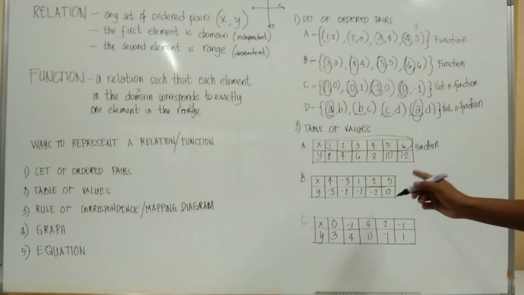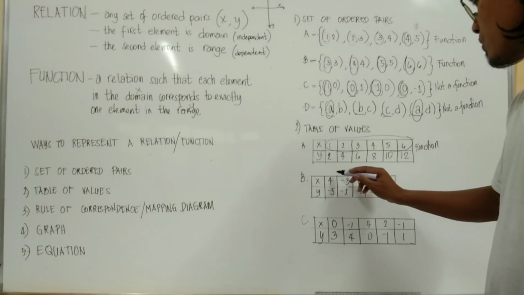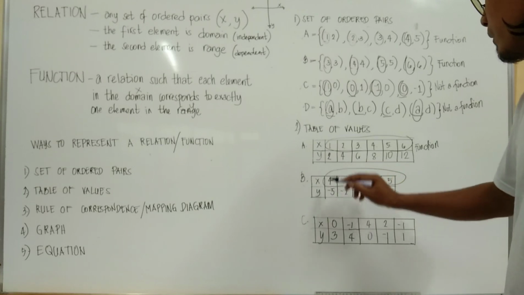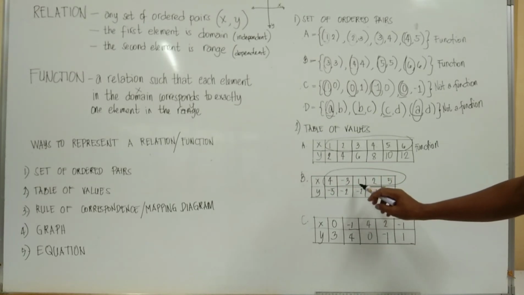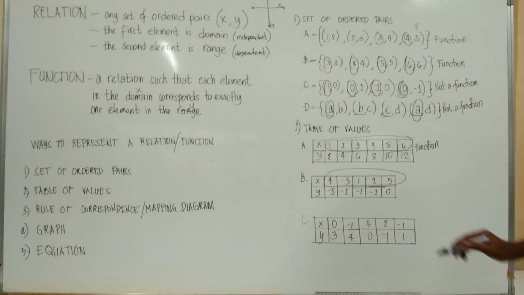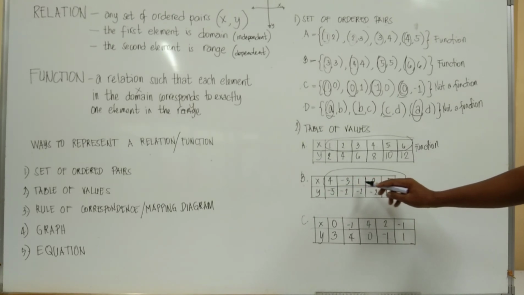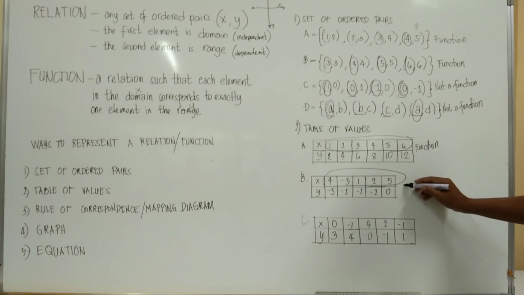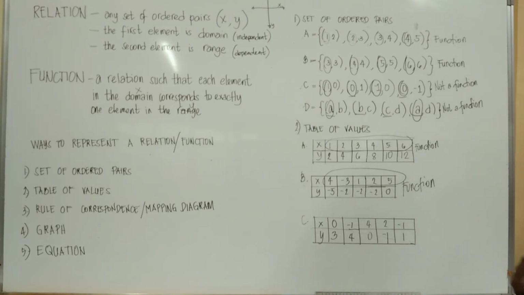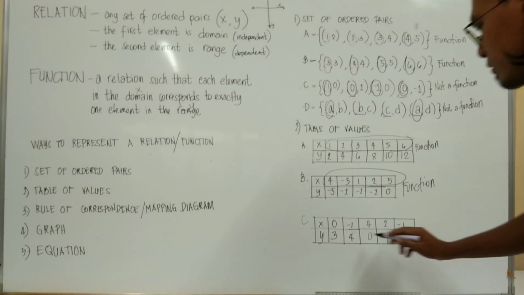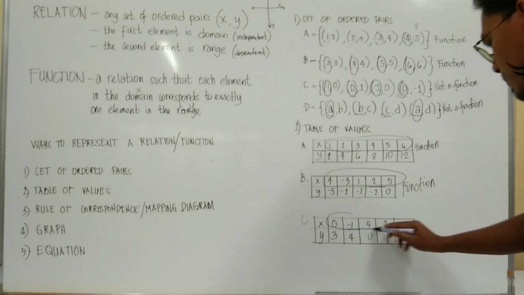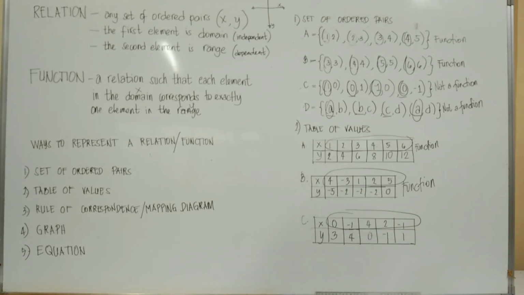Okay? Your B. The X or the domains are 4, negative 3, 1, 2, and 5. Not a single domain repeats, so we can say that it is a function. Then C, we will look at our X or our domain.